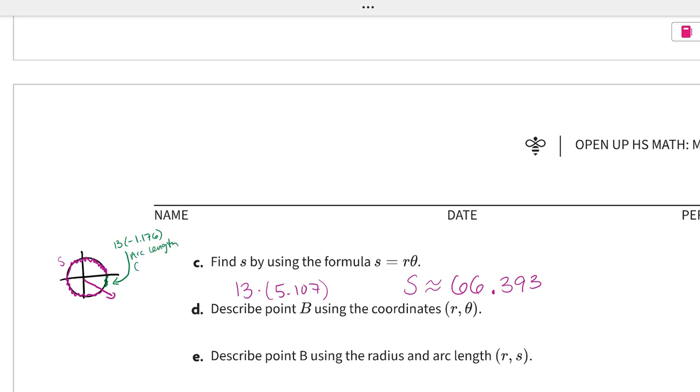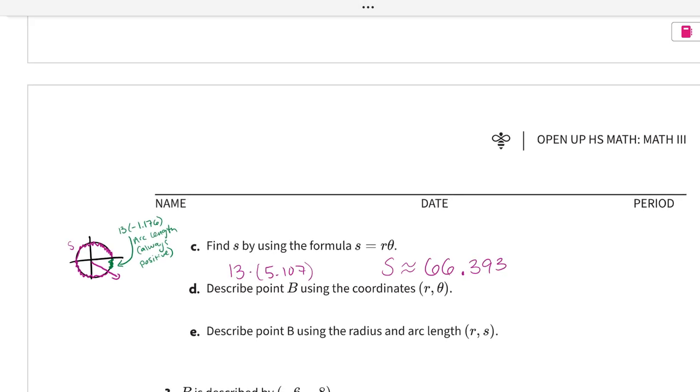But we would want to use positive, always positive. So if we used that other number, it's giving us that smaller length.